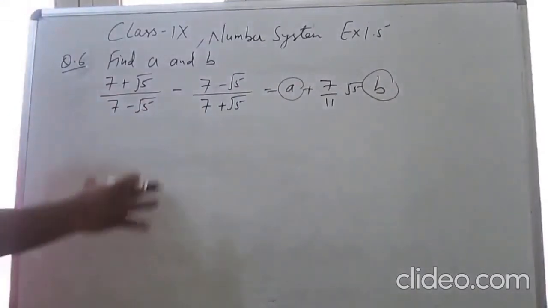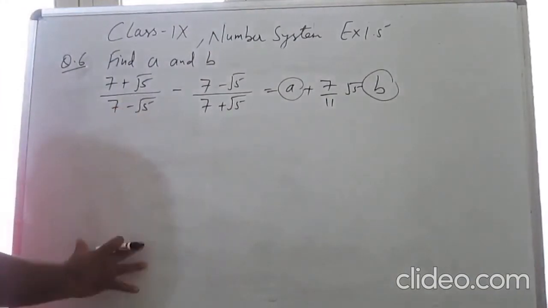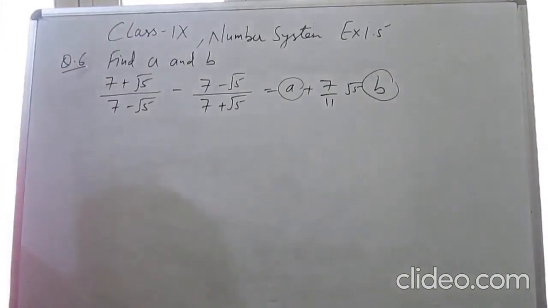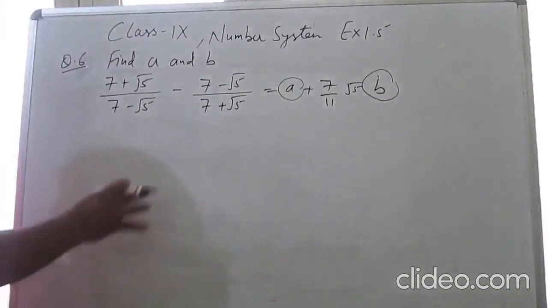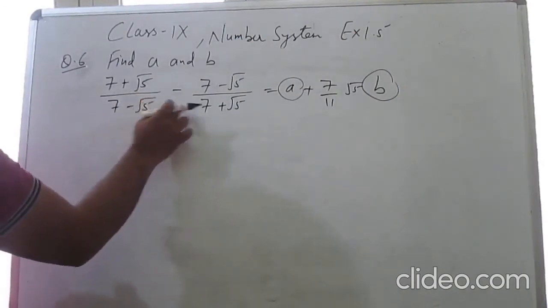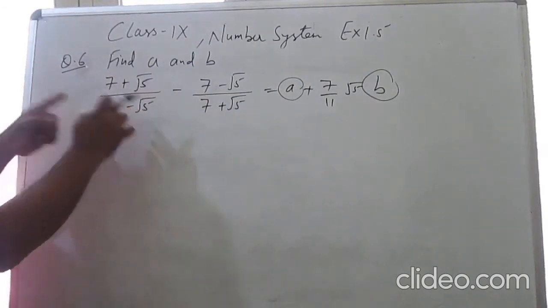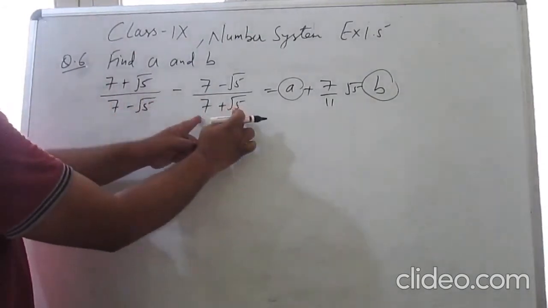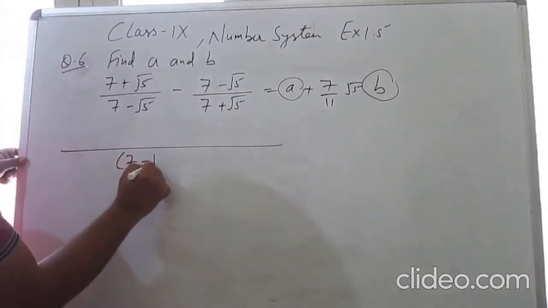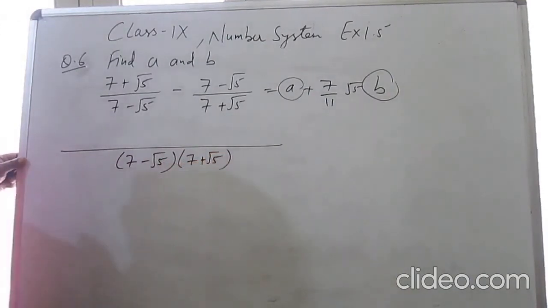So first we rationalize the left hand side. Forget about this. When you get the rationalized result, then compare the rational number and irrational number. Now how to solve it? First you rationalize this. Either you rationalize separately, or you take the LCM. What is the LCM of 7 minus root 5 and 7 plus root 5? 7 minus root 5 times 7 plus root 5.